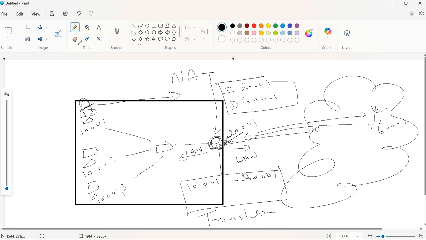So when the reply comes from Yahoo to 20.0.0.1, it knows what address to put so that the traffic will go to A. The reverse NAT is automatic. We do NATing only from LAN to WAN. When the reply comes from WAN, the return traffic is sent to LAN automatically.